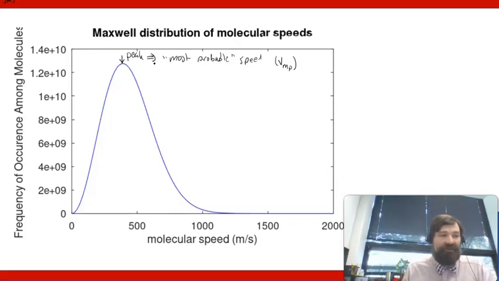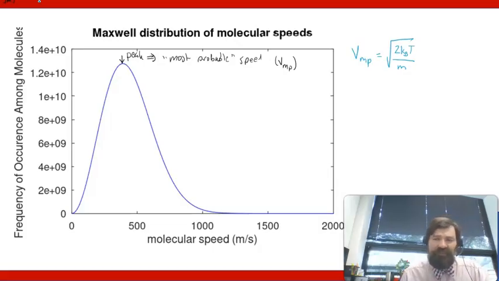How do you obtain that value? Well, I'd like to do that in a separate video. In this one, I'm just going to state the value. So the most probable speed, v most probable, given the distribution that I've given to you, is given by the square root of 2 k_B T, so 2 times Boltzmann's constant times the temperature, divided by the molecular mass.